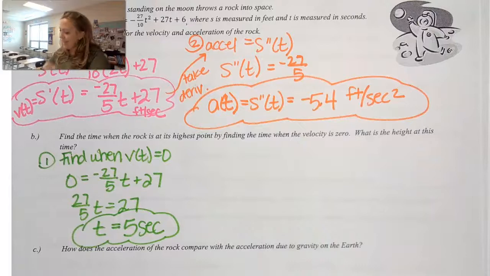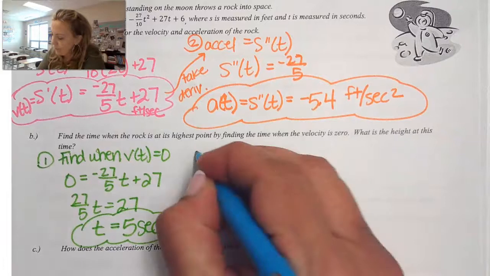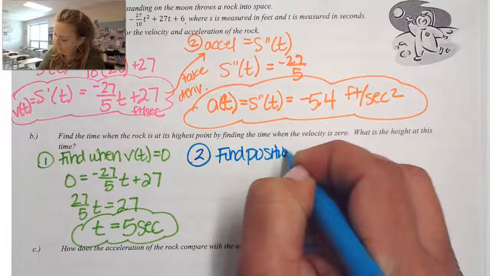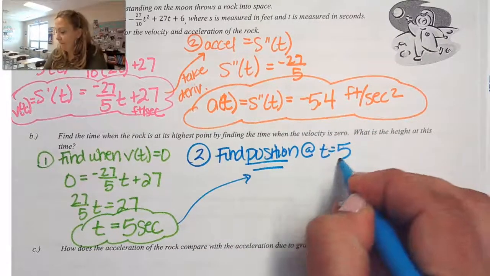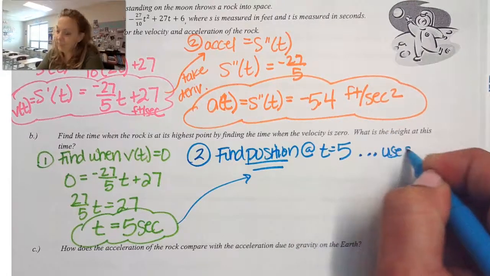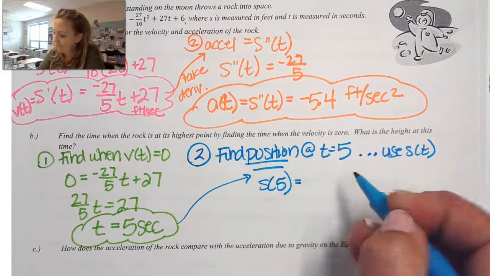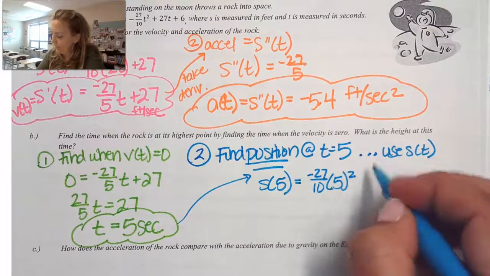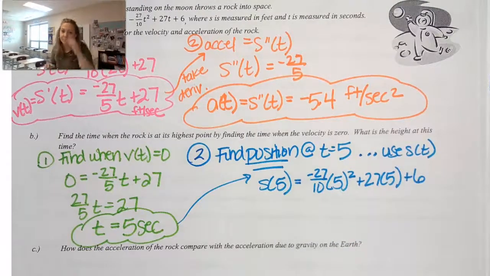Okay. And then the next thing that we need to do is find the height at that time. So we want to find the position at t equals 5. So which function gives us the position? S of t. So make sure we use our position function, and we're going to find s of 5. So that was the negative 27/10 t squared plus 27t plus 6.